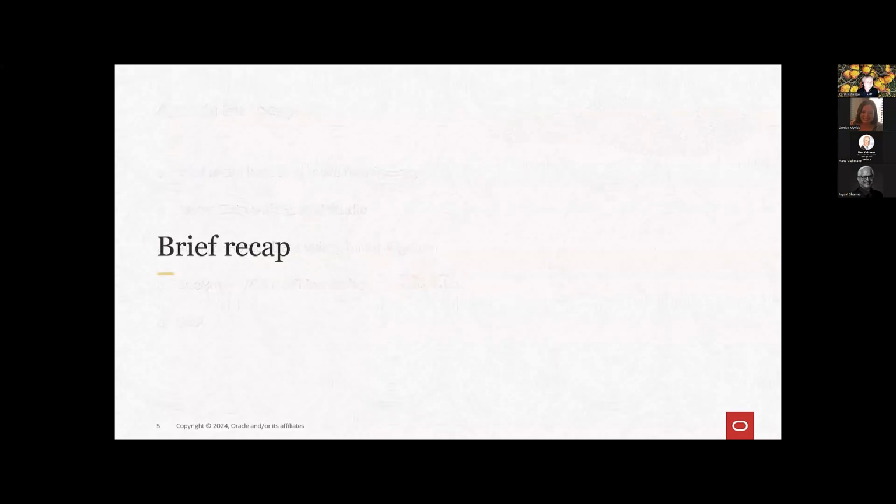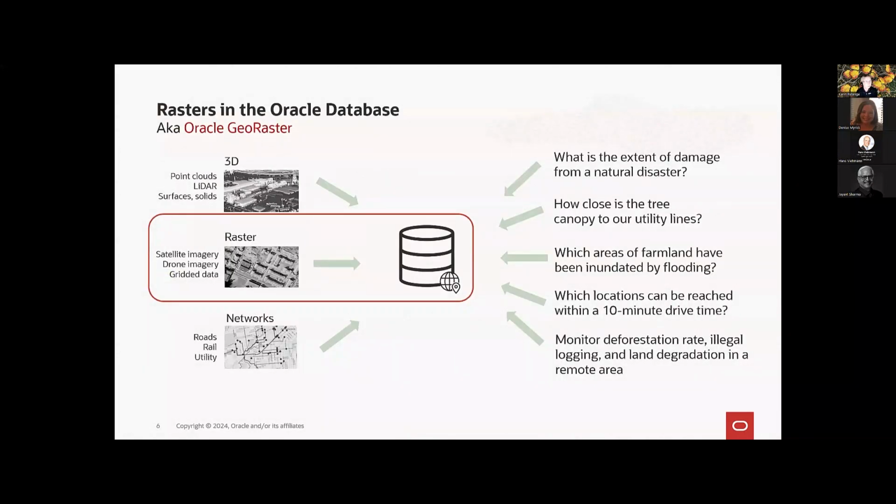Let me start with a brief recap of what we have done in August. You probably remember that we talked about several types of spatial data in the Oracle database. What we are going to focus on is the topic of raster data, so raster data management for raster images delivered by either satellite imagery, drone imagery, or as gridded data.